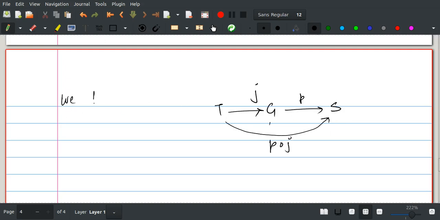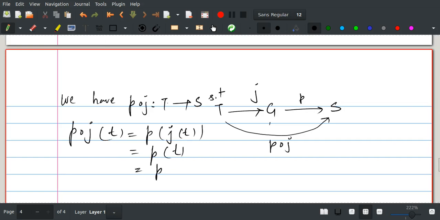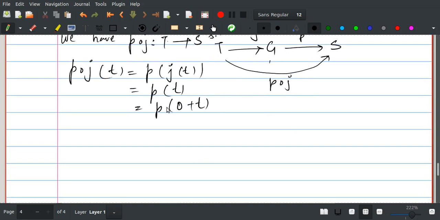We have P of J a map from T to S such that P of J, when we operate this map on some element of T, it becomes P of J of T. Now J of T is nothing but P of inclusion of T. Now T is in T, so this is same as P of 0 plus T. Now P is projection of G onto S, so this P of 0 comma T maps this element on the first component, and the first component over here is 0.